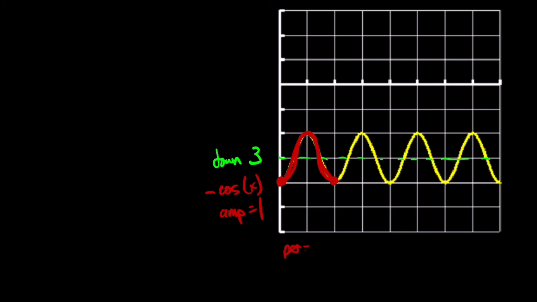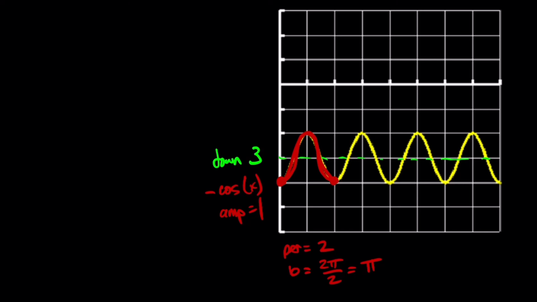The period is 2 because nothing is labeled. They didn't label anything here. I don't see a pi, I don't see a number. Nothing's labeled. You assume each grid line is 1. So my period is 2. Once you get the period, you find the b value. B equals 2 pi over period. So in this case, the b value is pi.